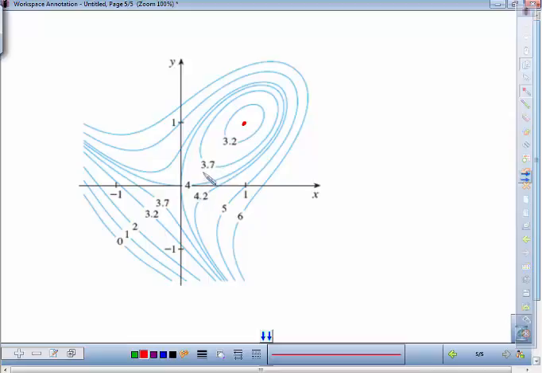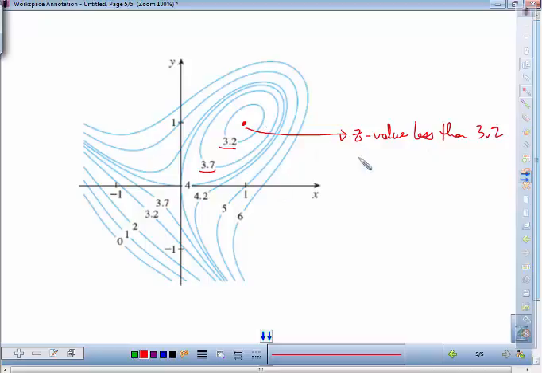And then you can tell this is 3.7, this is 3.2. So as you go further and further in, you're going 3.7, 3.2, so it's getting less and less, right? So this would be some z value less than 3.2.